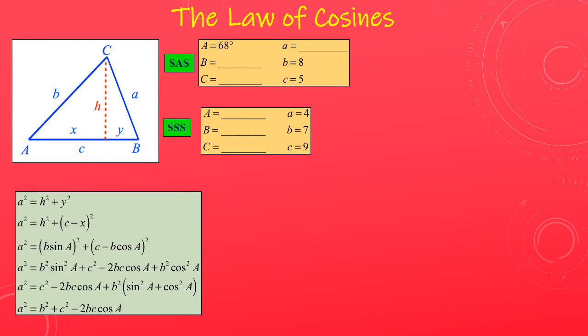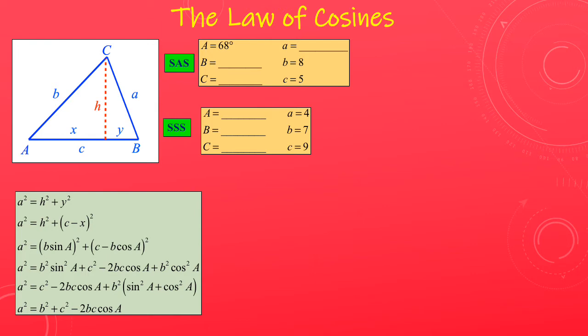We start with oblique triangle ABC with little sides a, b, c. And we drop a perpendicular from C down to line segment AB. We will call it h.